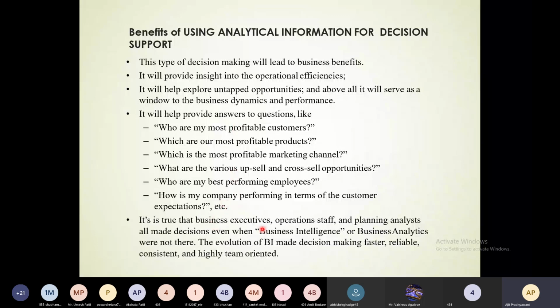It is true that business executives, operation staff, and planning analysts all made decisions even when business intelligence or business analytics were not there. The evolution of business intelligence made decision making faster, reliable, consistent, and highly team oriented.